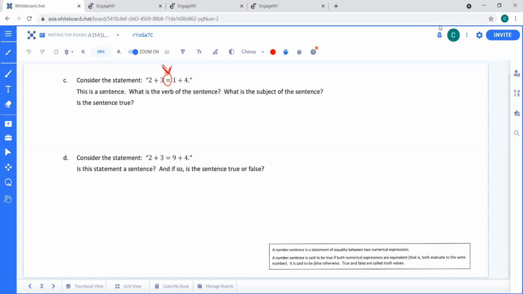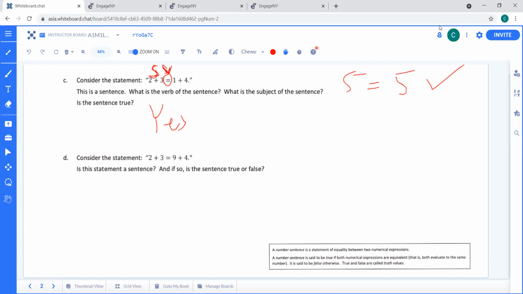If we read that correctly, we would say 2 plus 3 is 1 plus 4. So the subject would be 2 plus 3. Is this a true statement? Yes, because we could also write 5 is 5.